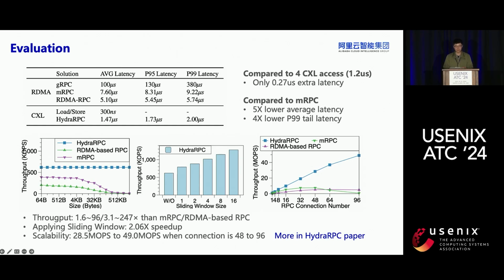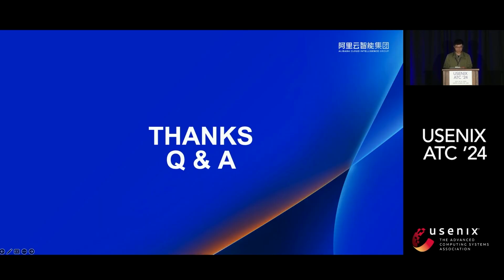RDMA RPC performance degrades when the RPC connection number is higher than 48. In contrast, the throughput of HydraRPC increases from 28 to 49 MOPS when the connection number is from 48 to 96. This is my presentation.